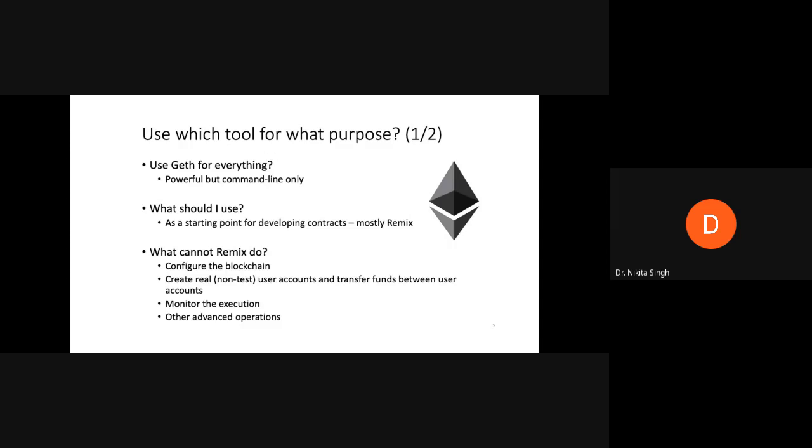But if you want to execute your contract in real time, Remix cannot create real non-test user accounts to transfer funds between them. If you remember, when we were writing contracts in Remix, you were simply using the default accounts that were present. So what I'm trying to say is, in Remix, what was happening is it was allowing you to send money from one account to another.